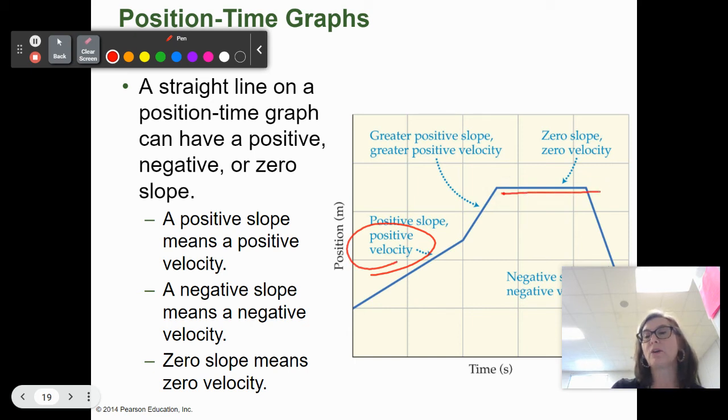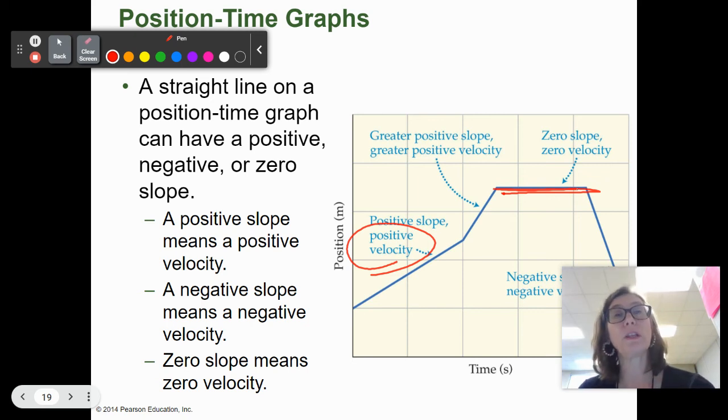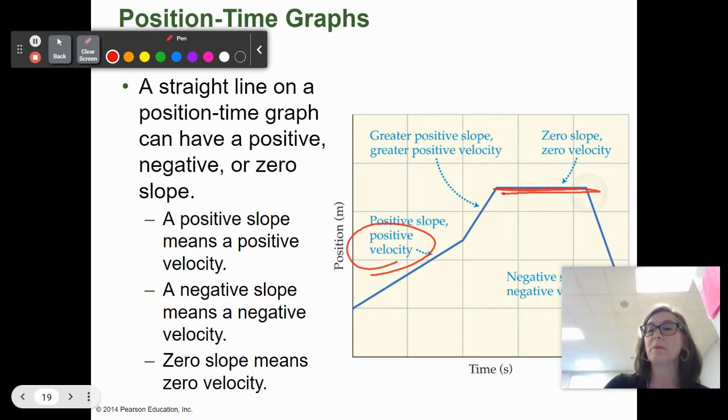And then it goes flat right here, which means we have no slope, which means we have no velocity. And then as it's coming back down the other side, we have a negative slope, which means a negative velocity. A negative velocity would mean you are slowing down. Positive velocity would mean you're speeding up. Zero velocity would mean you're holding constant.